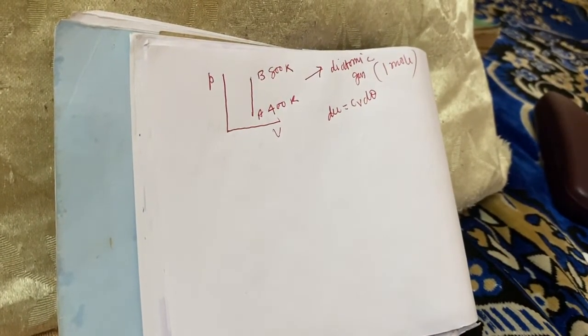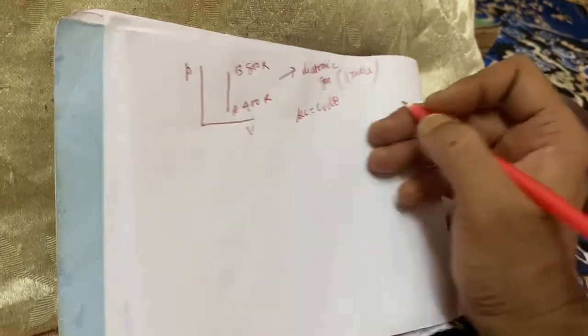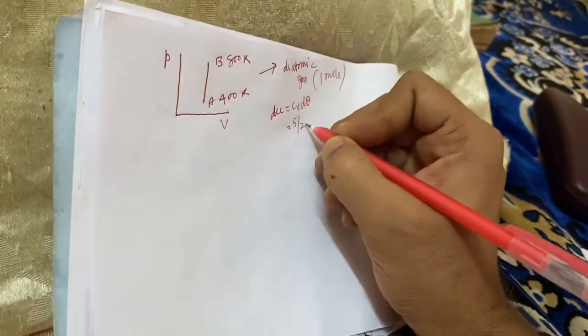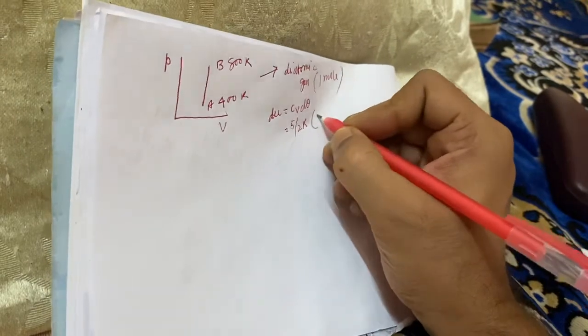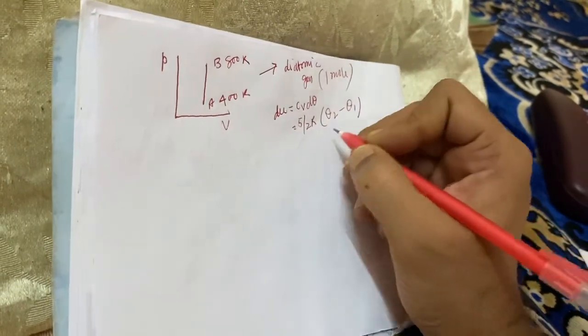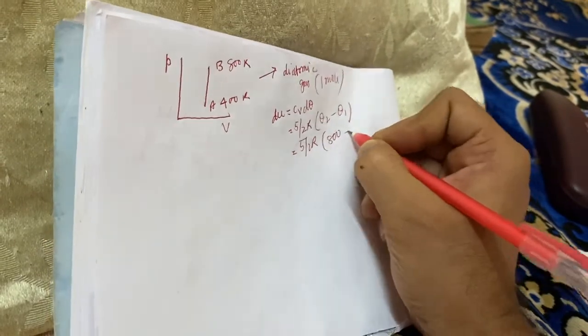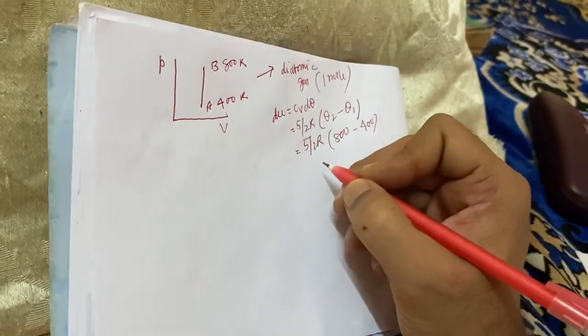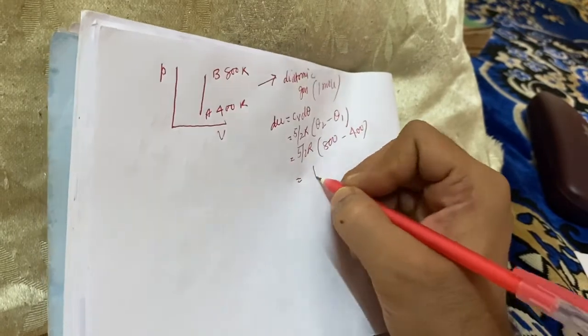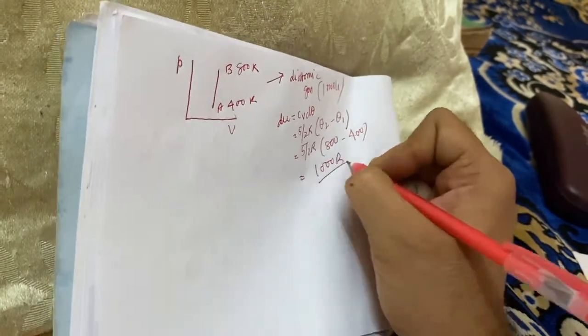For diatomic molecules, Cv equal to 5 by 2R and theta 2 minus theta 1. That means 5 by 2R times 800 minus 400, that means 1000 R.